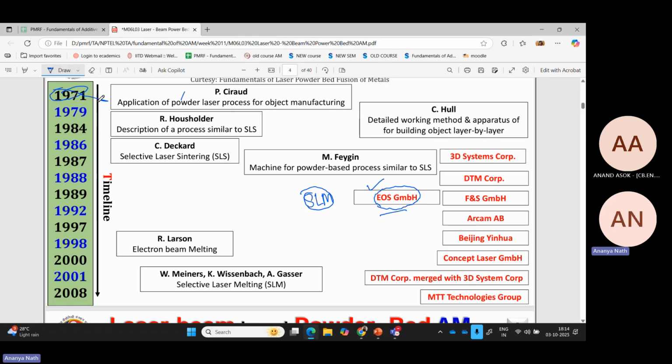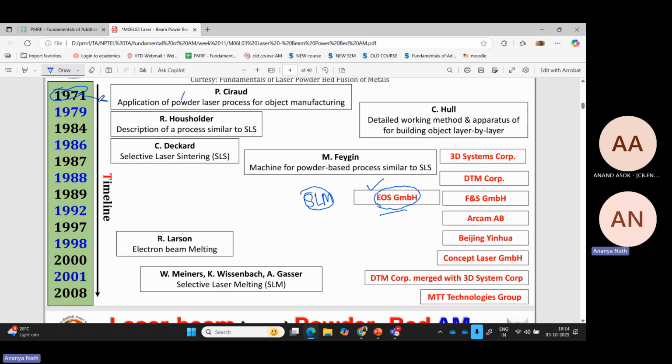So your part will have 99.9% density that EOS offers for various metals. And then your part will have that tensile strength, hardness, toughness, ductility, all the properties.